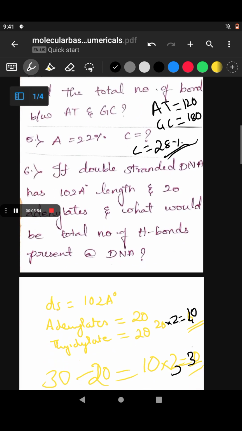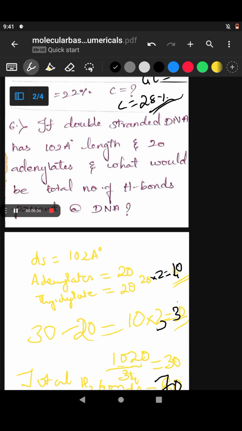So we get 30 base pairs in total in 102 angstrom.